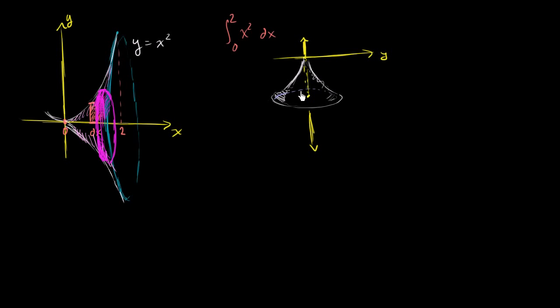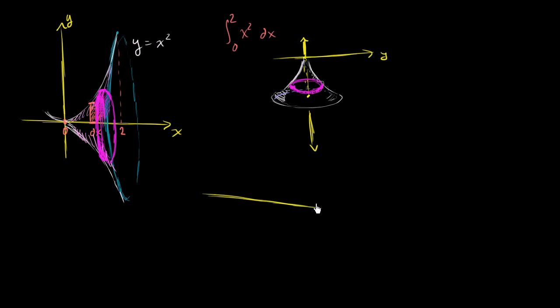Let me draw it out here. So if you were to draw that same disc out here, it would look something like this, and it has a depth of dx. So how can we find the volume of that disk? And let me redraw it out here too. It's really important to visualize this stuff properly.